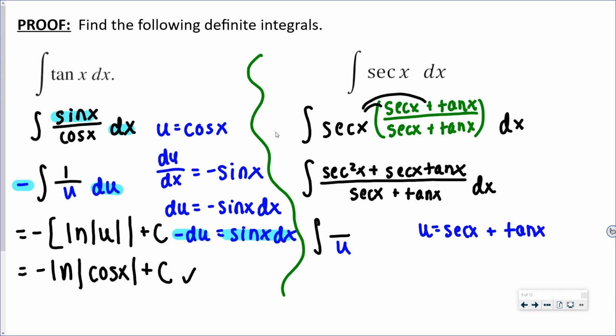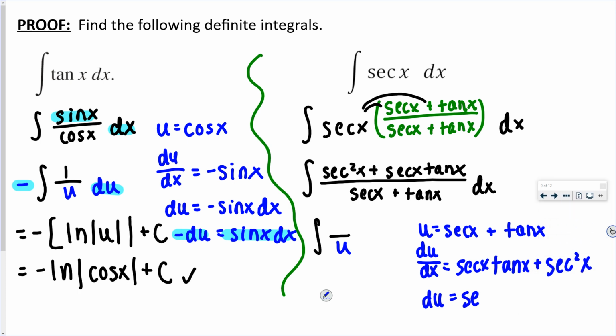Okay, so the derivative of what I called u: secant is secant tangent. Derivative of tangent is secant squared of x. And then I'm like, oh, nice.